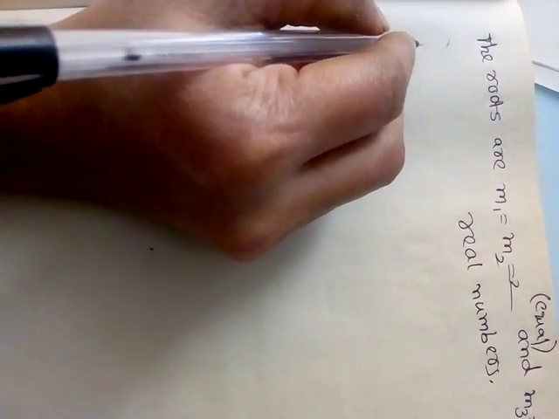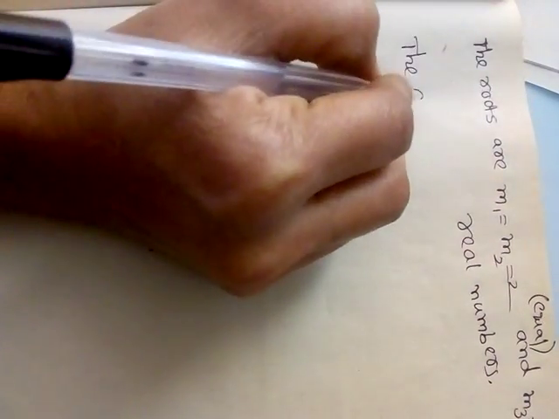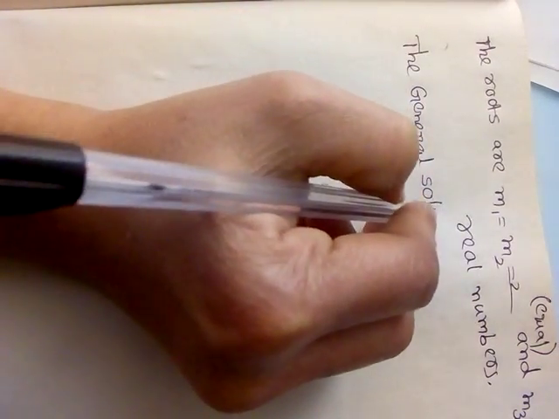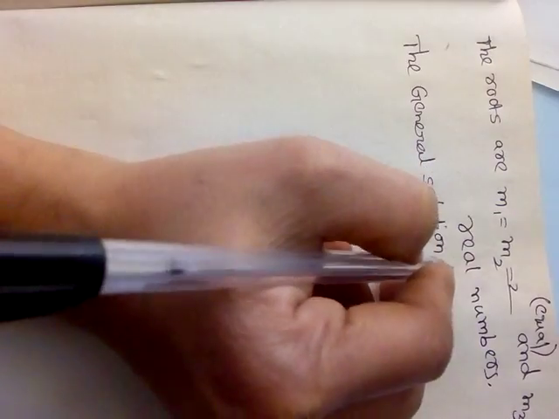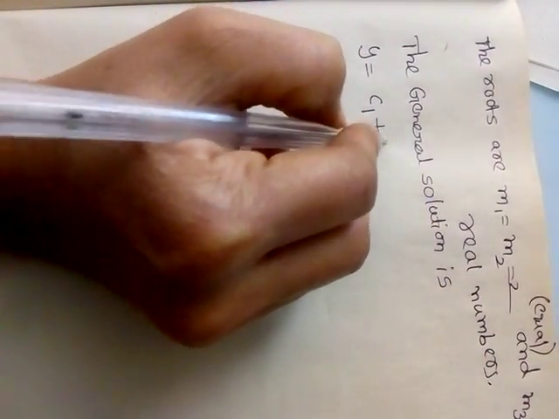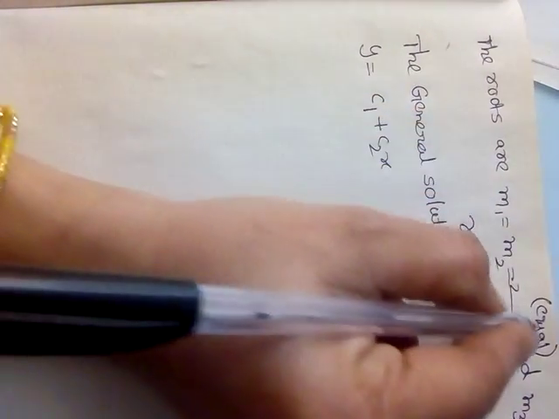By this condition we are taking the general solution. It is y equal c1 plus c2x. These two roots are equal, no?